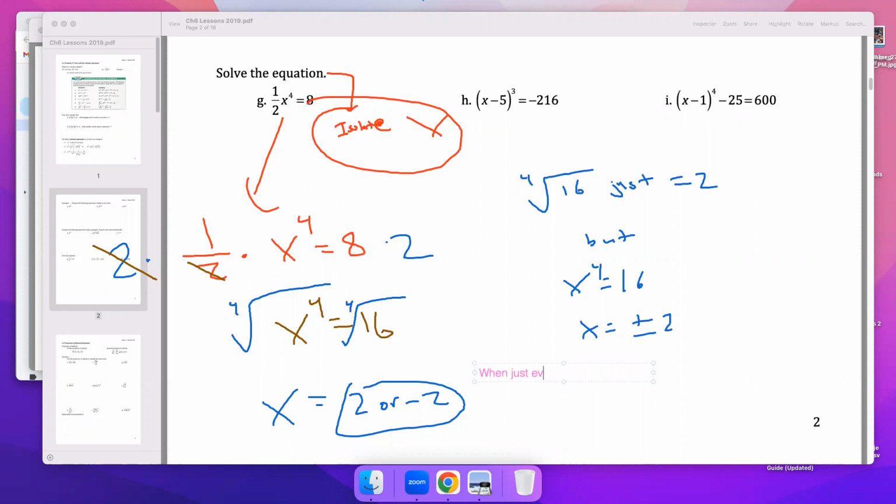When just evaluating an even radical, don't put plus or minus. But when solving an equation which requires even rooting, you must put plus or minus.